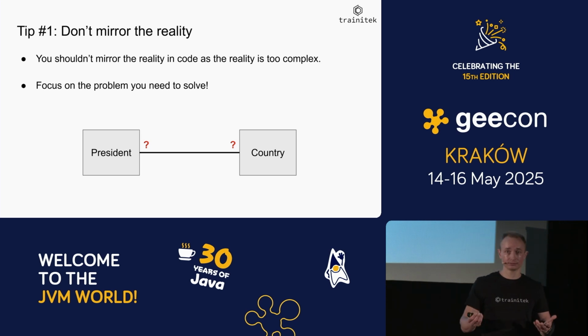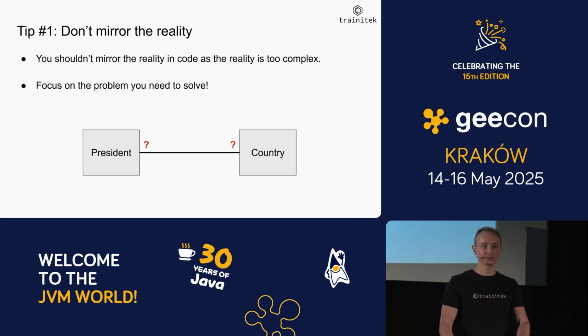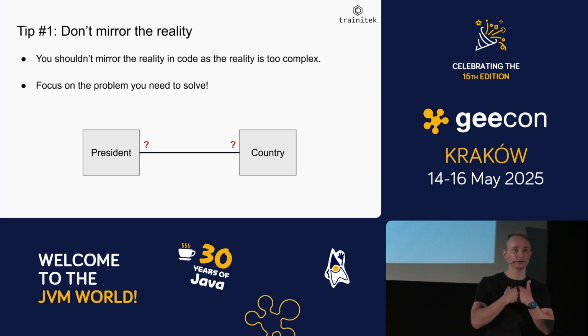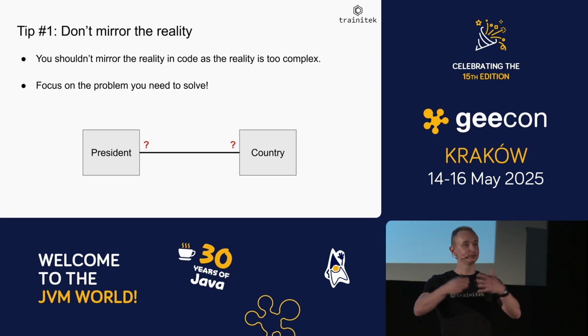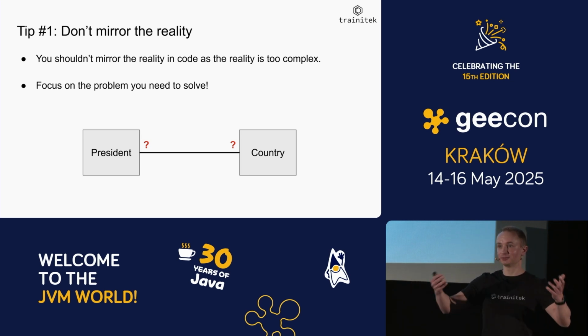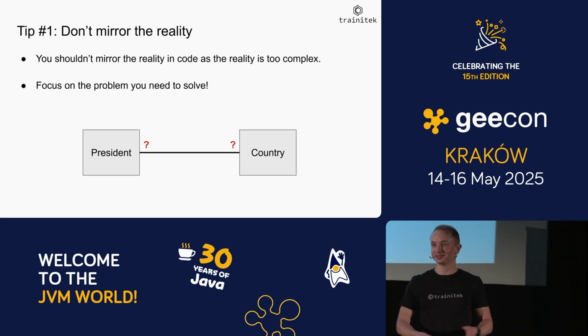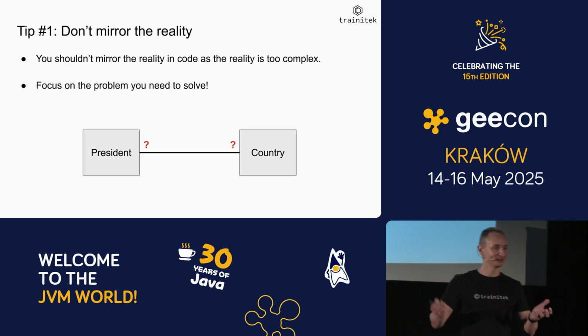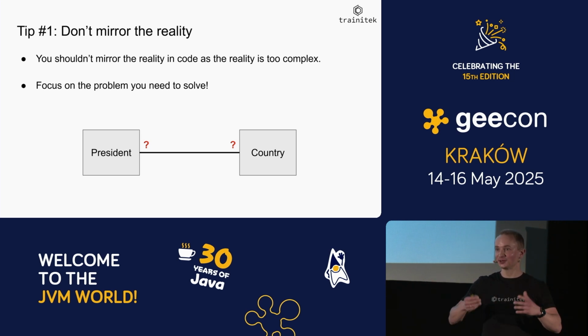Which means we need to apply many-to-many. And if you go further, maybe you would like to have a history of presidentship and other relations. And in the end, you will be so proud that you created such a nice and complex model that can tackle every aspect of reality.